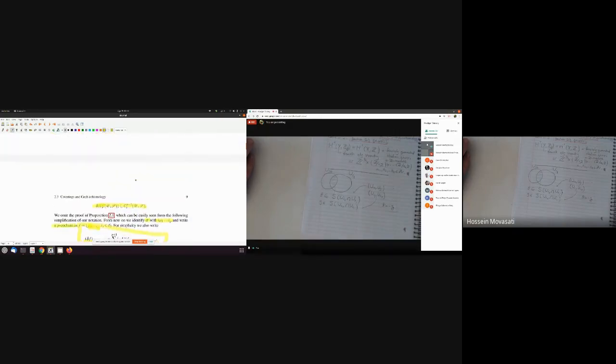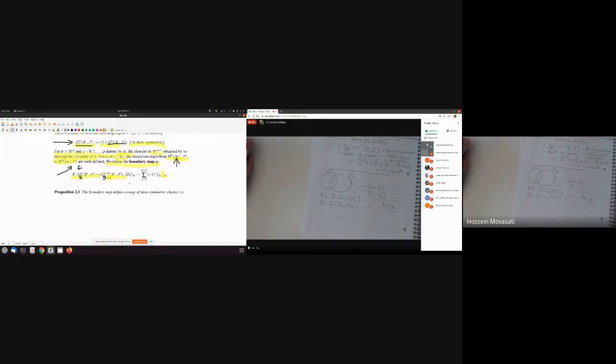There is again some simplification here. You see that delta is attached to a number p, so this is actually delta p.